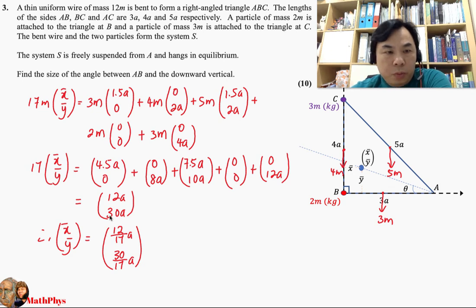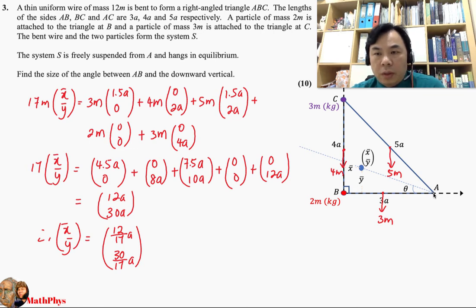Before we move on, just to compare this answer with the answer that we obtained from our first configuration, to check whether they tally or not. In this case, from our first question, we are using A as our origin of reference.